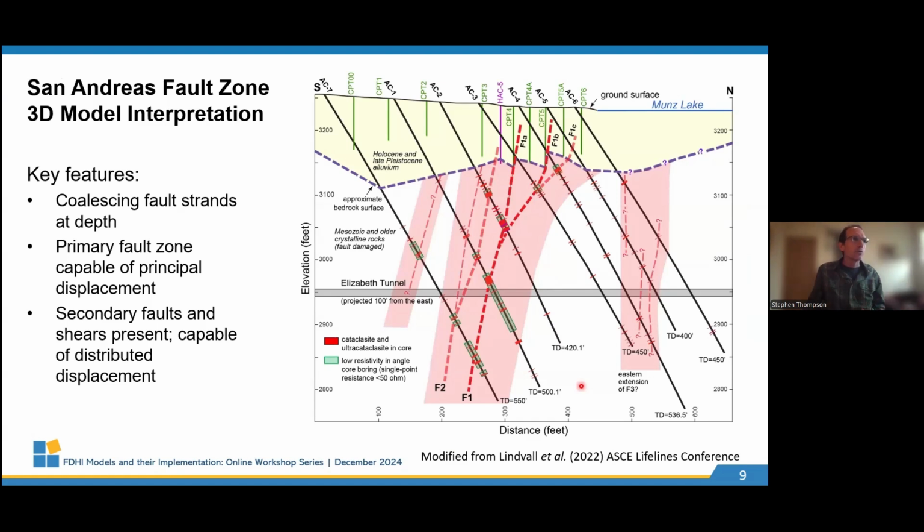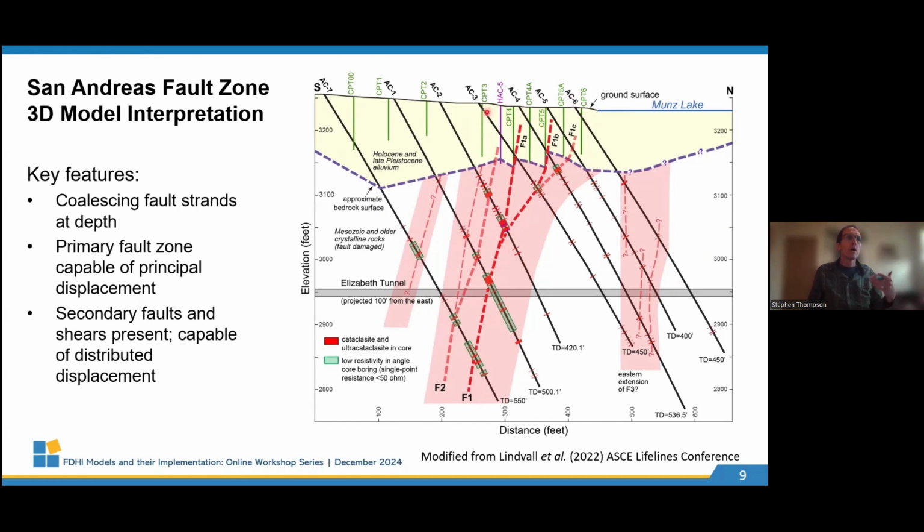This now is a cross-section view. Here's Elizabeth Tunnel relative to the ground surface. You can see some of these shallower CPTs, these deeper angled borings. And one of the interpretations of the geophysical data and the core hole data is that there's coalescing of the fault strands at depth.